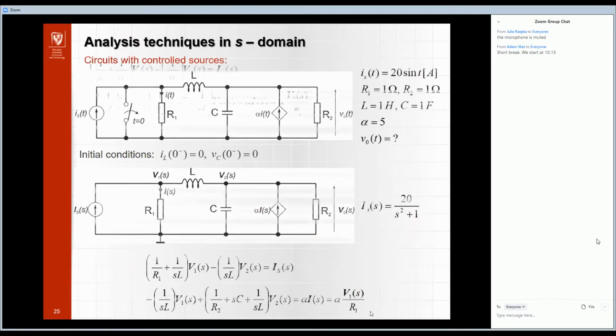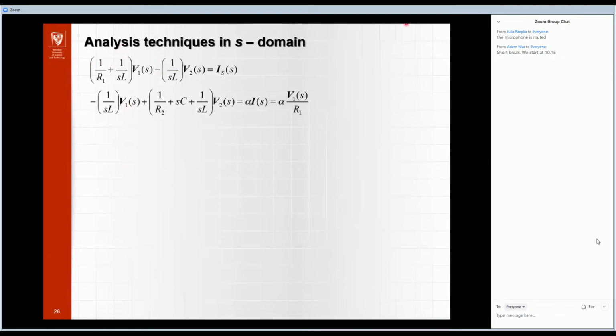Okay, and now we write these equations, and now we can use the matrix system for this, because it is very convenient to use nodal analysis in matrix form, and it gives simple calculation. So here we have the first component and the second. It's clear, I think.